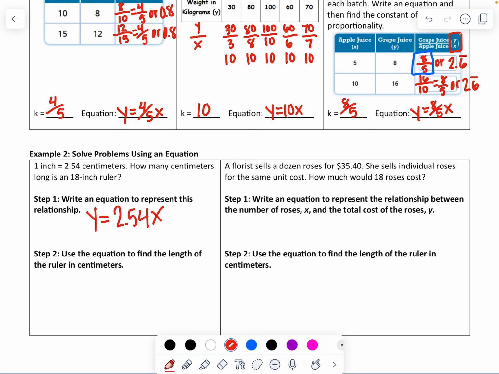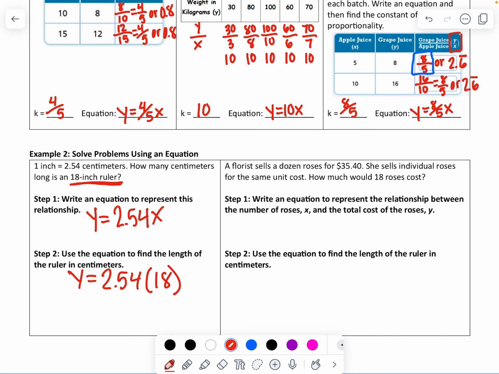It's our k. And then if we want to use the equation to find the length of the ruler, we want to know how many centimeters long is an 18-inch ruler. So we have to plug 18 into our formula, and that's going to be x. So y equals 2.54 times 18.